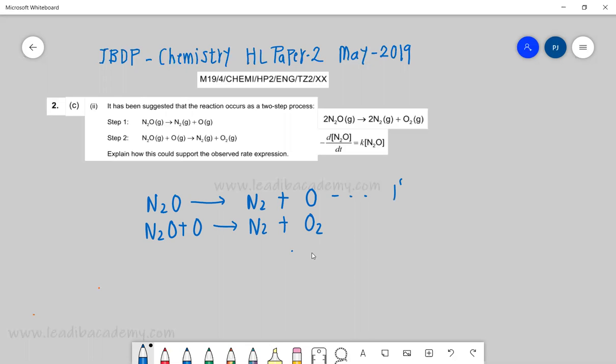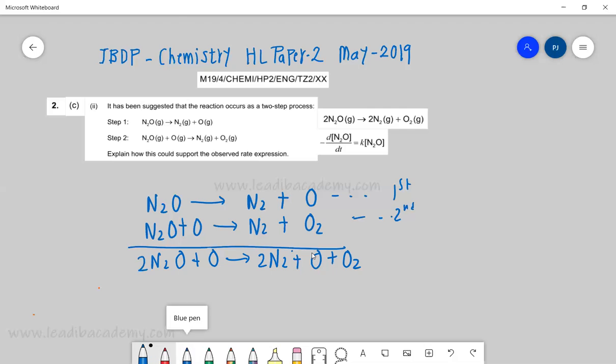So this is the first step, and this is the second step. Now let's add both of these. So what we'll get is 2 N2O plus O giving you 2 N2 plus O plus O2, and let me cancel what is common.